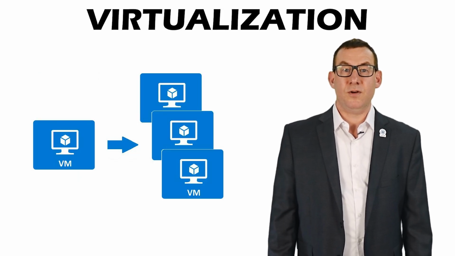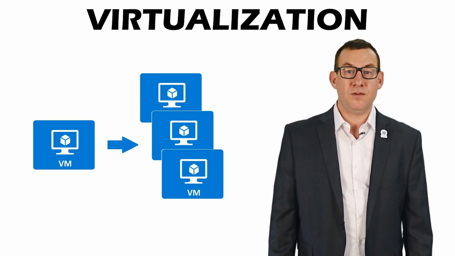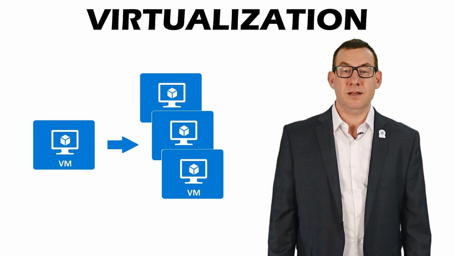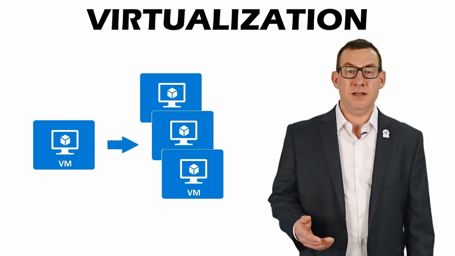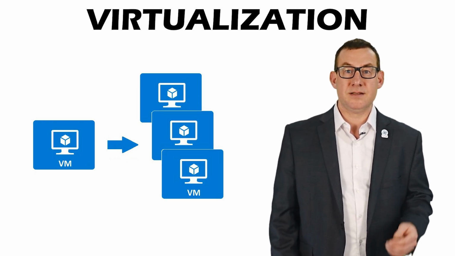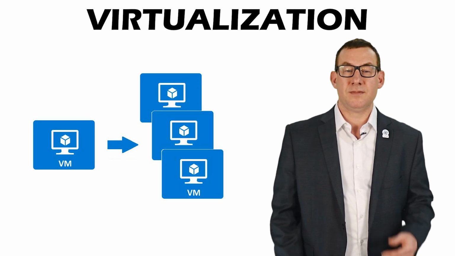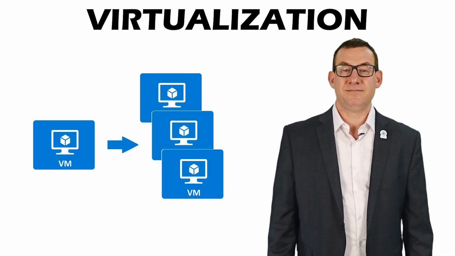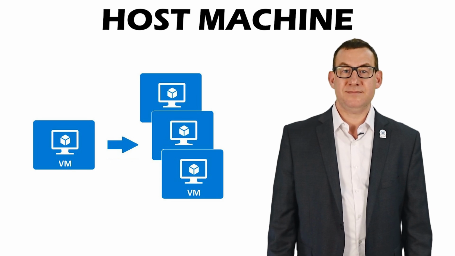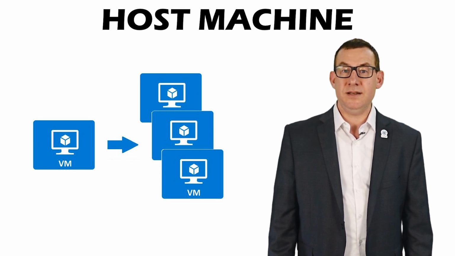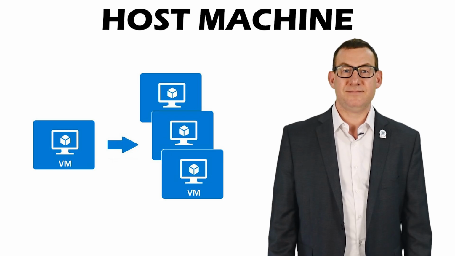Now let's take a look at virtualization architecture. Virtualization creates virtual machines that run independently from physical hardware. Virtualization components include host machines, guest machines, hypervisors, and containers. A host machine is a physical server.